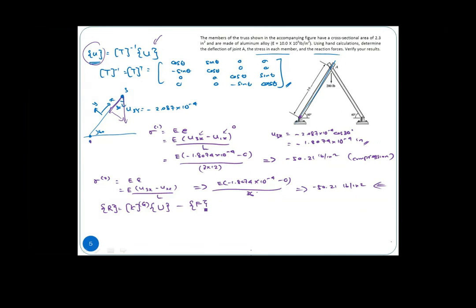So to find the entire reaction force, our R itself will be a 6 times 1 matrix. We have R1X, R1Y, R2X, R2Y, R3X, R3Y.